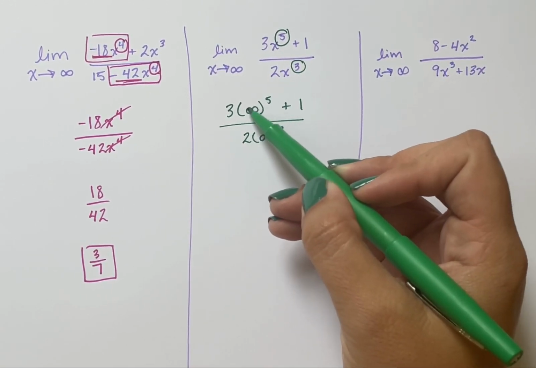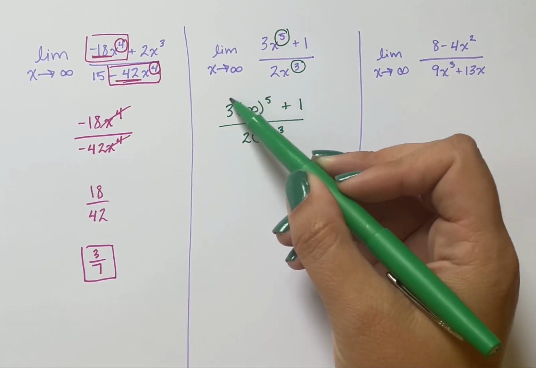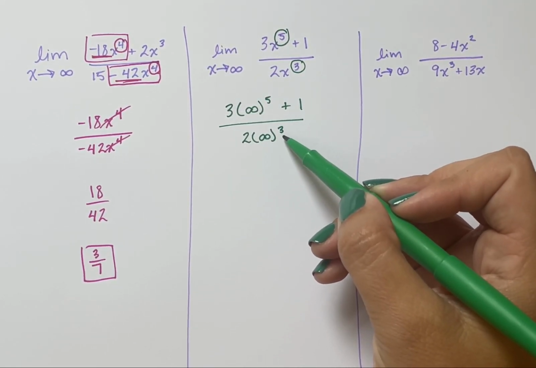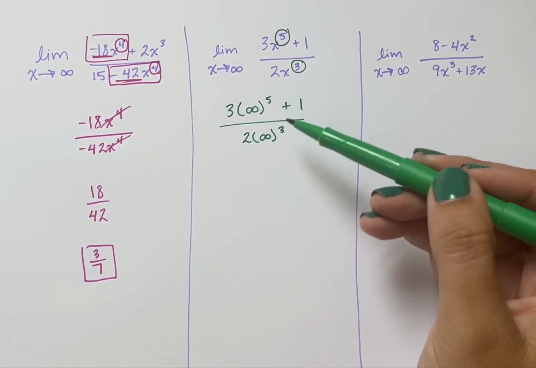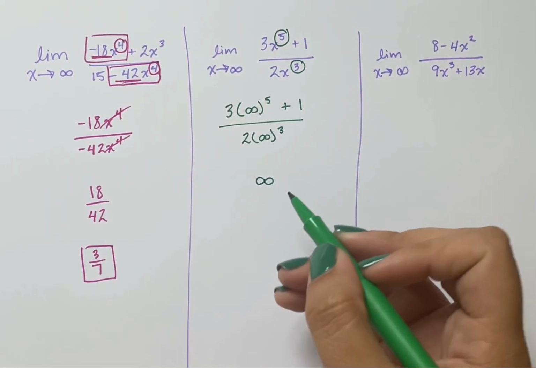So if I have a really big number to the fifth power, that is going to be much larger than a really big number only to the third power. So in that case, this numerator ultimately wins out over the denominator, and this would be equal to just infinity.